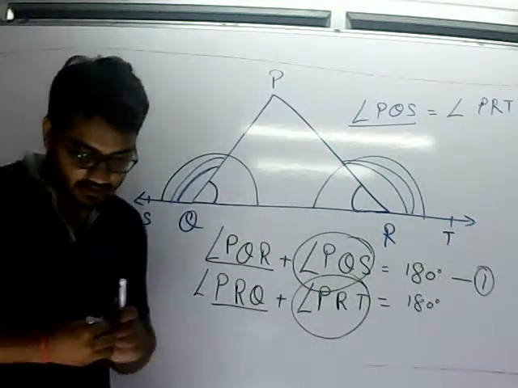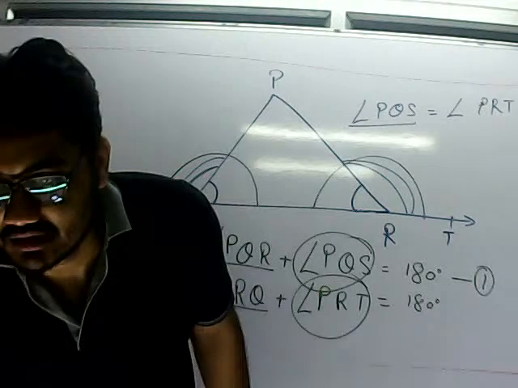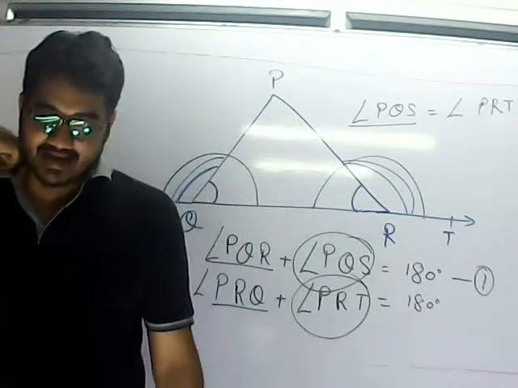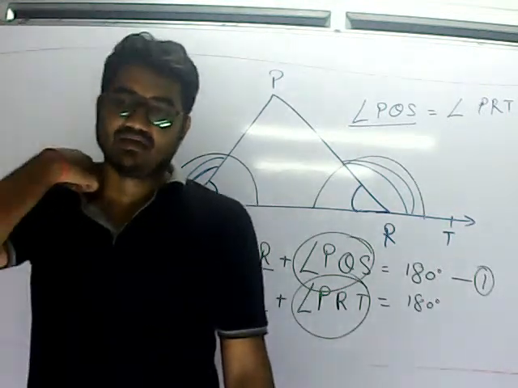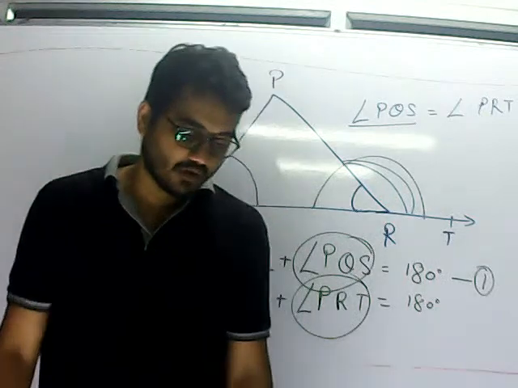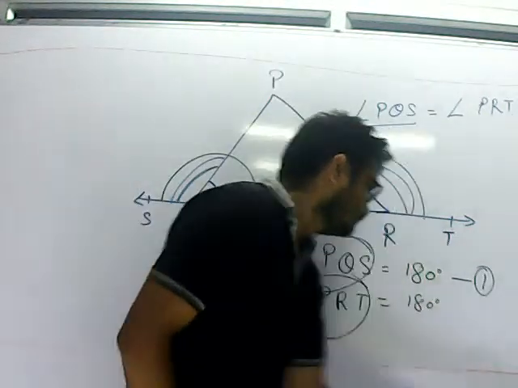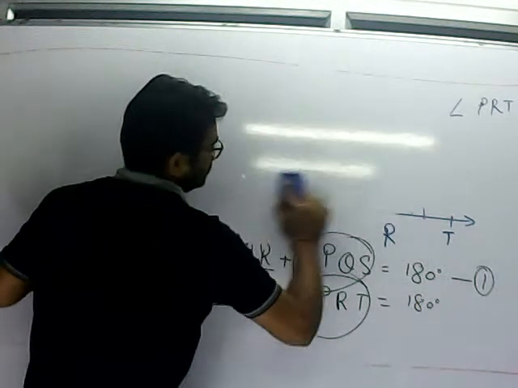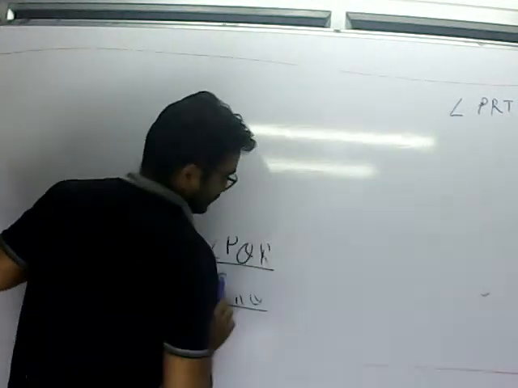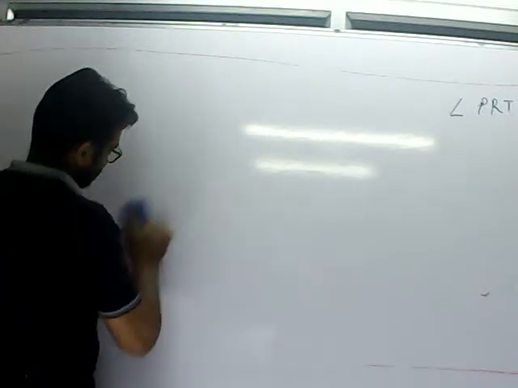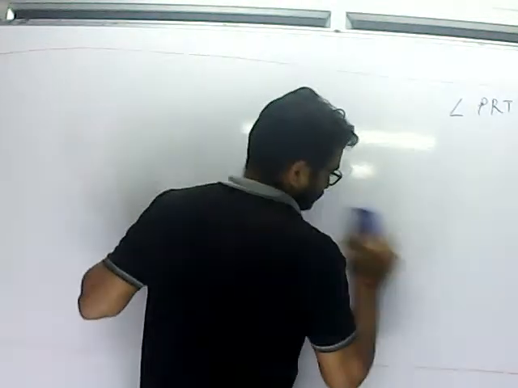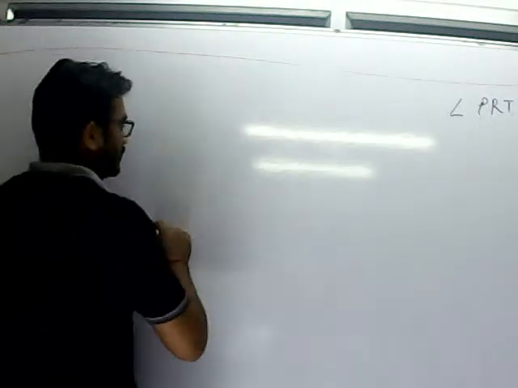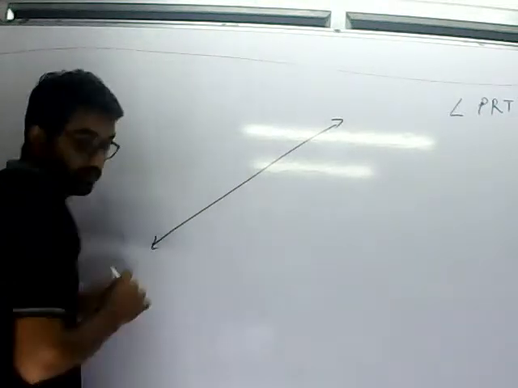Okay. The next question is the fourth question of this exercise, that is 6.6. If x plus y is equal to w plus z, then prove that AOB is a line. Let me draw the figure first. This is the figure.